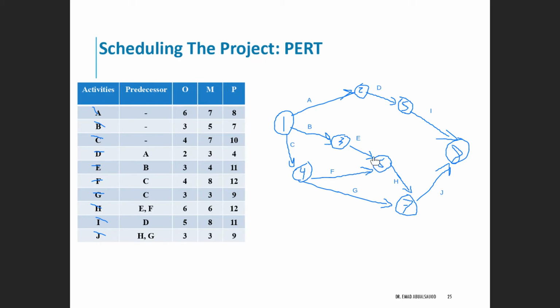F with the E leads to H, and the C directly takes you also to the G, and the G with the H takes you to the J, which is the last point.